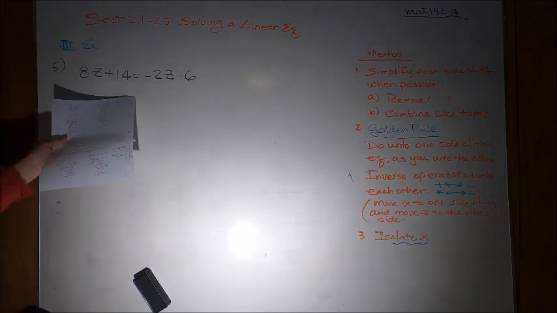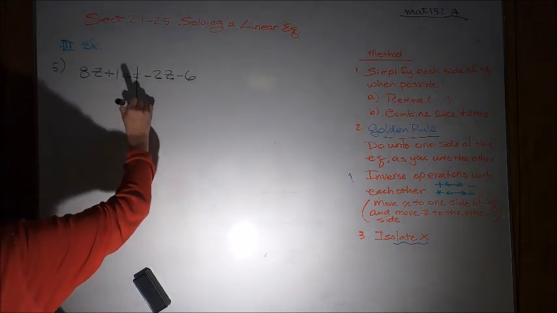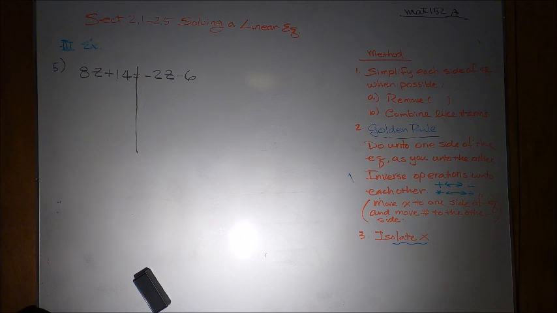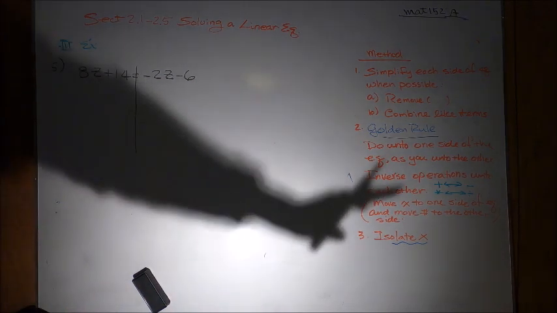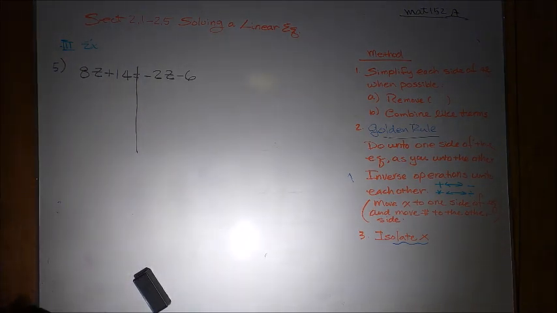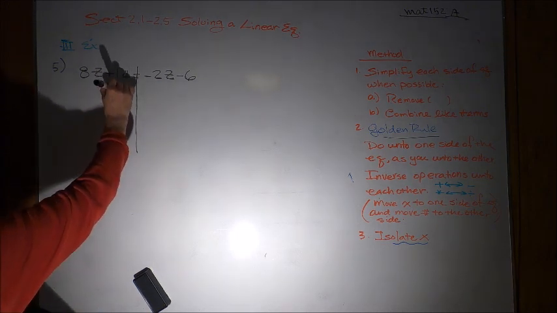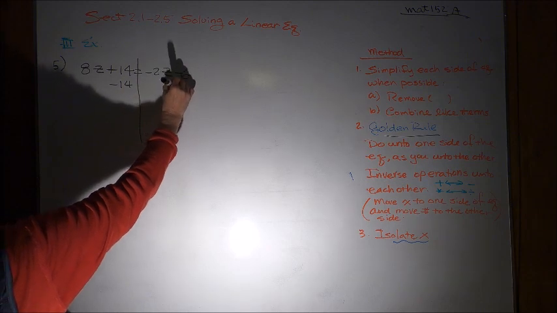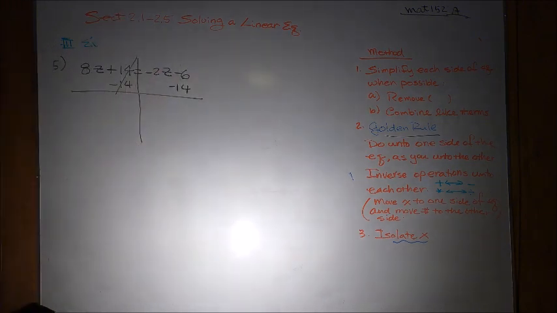Let's look at number 5. So how should we start? Draw a line, right? Move numbers to the other side, move the variables to the left hand side. Usually we do that. So let's move the number away by doing what? The opposite. Right?